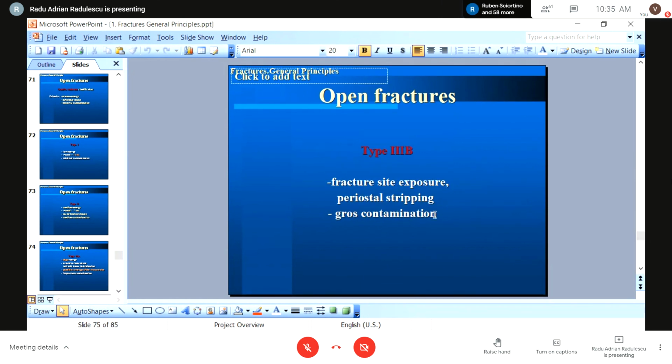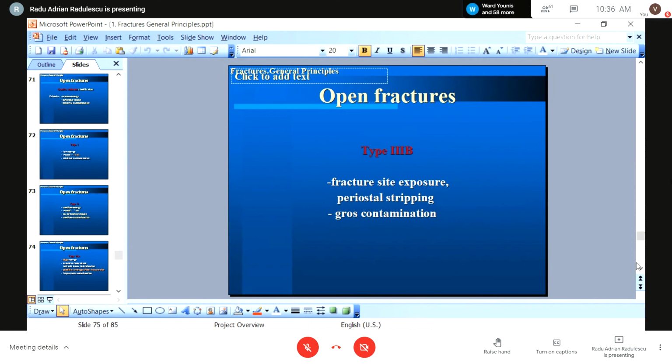The main difference between type 3A and type 3B is that in type 3B there is a gross contamination of the fracture site, and it is not possible to cover the fracture site. We need to bring some soft tissues from the neighborhood, usually muscles, but the skin cannot be sutured.